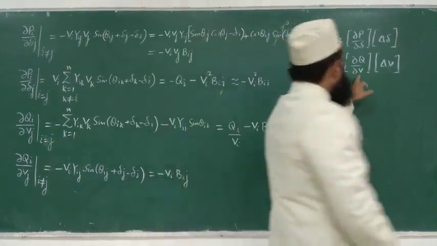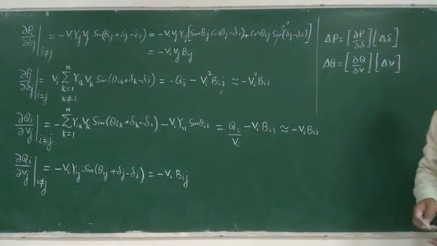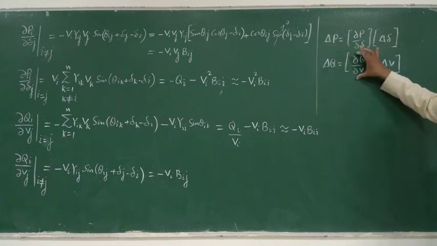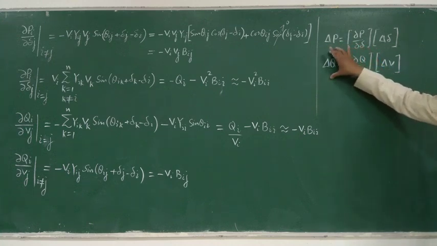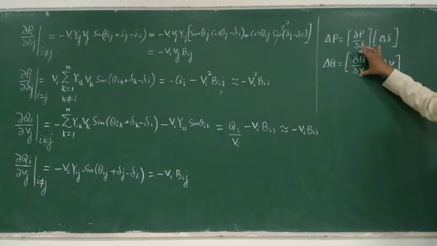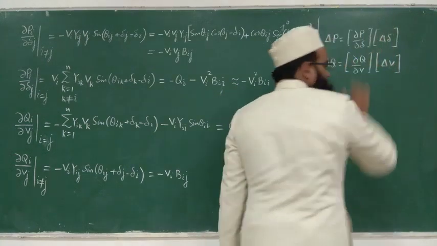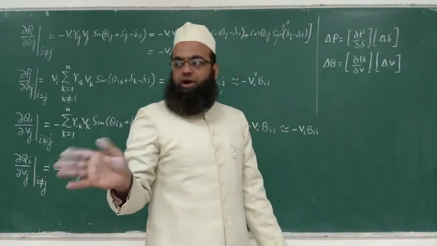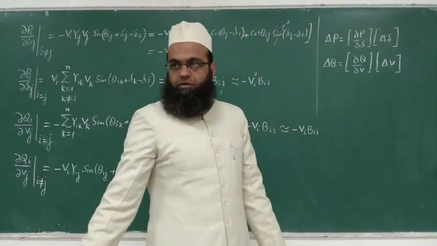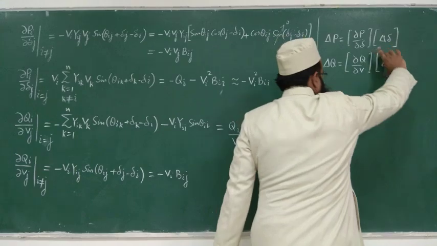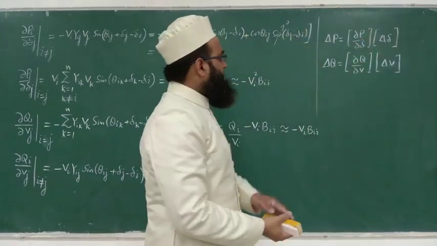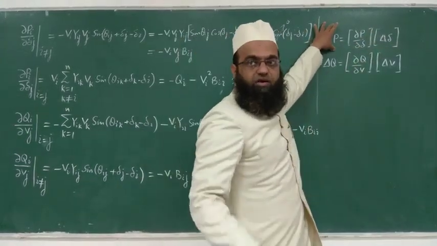What will be the dimension of this? The number of rows will be the same here also. Once you know the dimension of this and of this, the dimension of this will be the number of columns of this. You know the multiplication rules of matrices, right? So this gets multiplied with this. Similarly, the dimension of this is n minus 1 by 1.